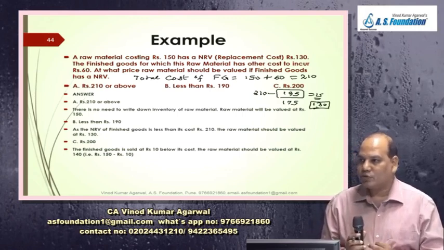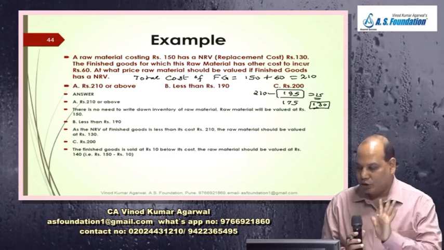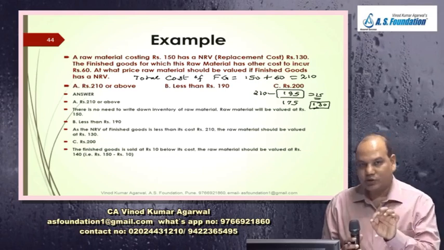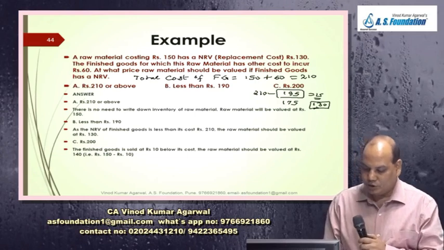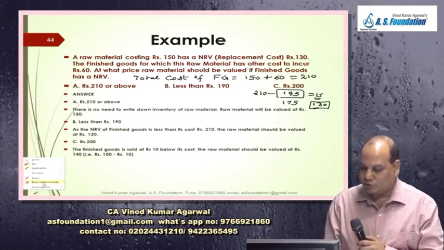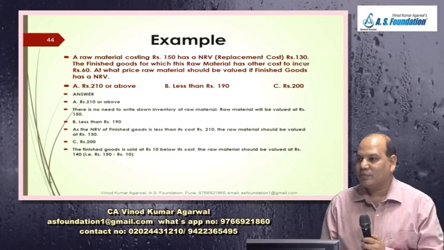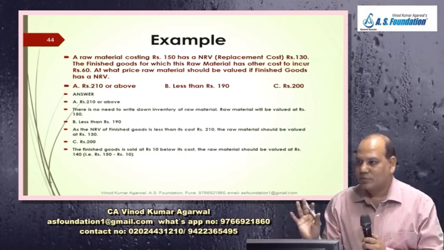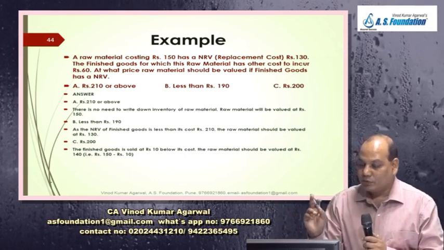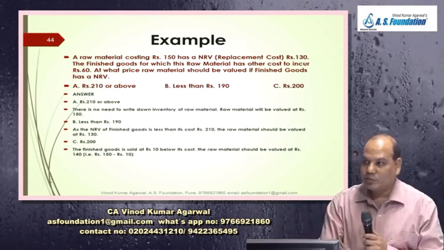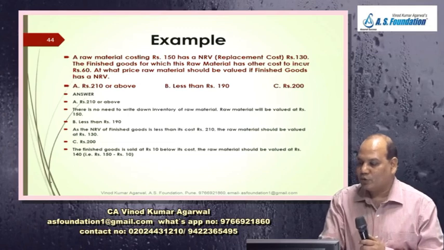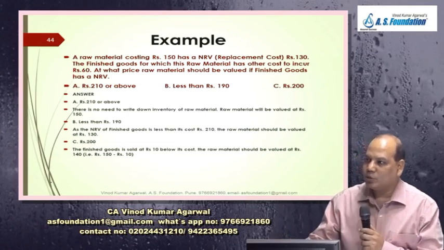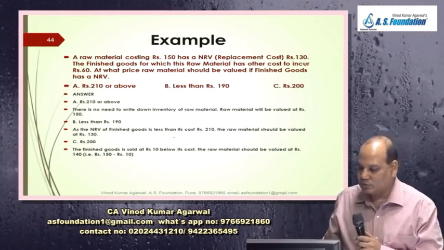So in case the loss in this example on sale of finished goods is between 0 to 20 rupees, then I am going to reduce the loss of finished goods from the value of raw material. But if the loss is more than 20 rupees in this example, then I am going to reduce only 20 rupees from the raw material cost. Okay.